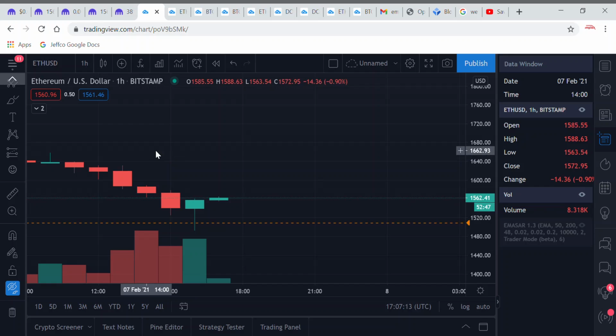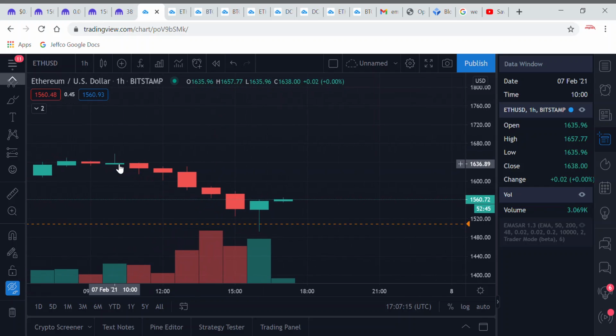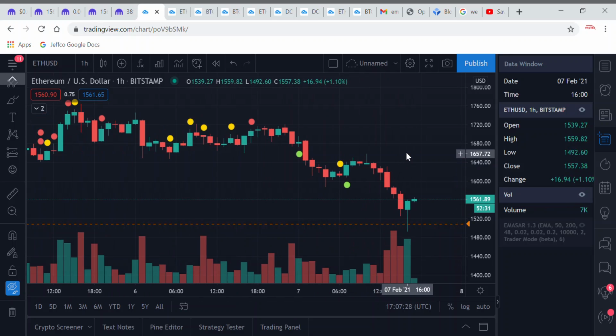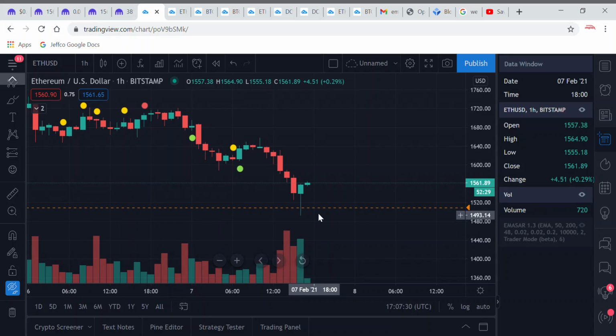Now it's green because it closed on the top one, but this next one is red because it closed down here. Closed down here, red, red, red, red, red. I hope that helps at least a tiny bit.